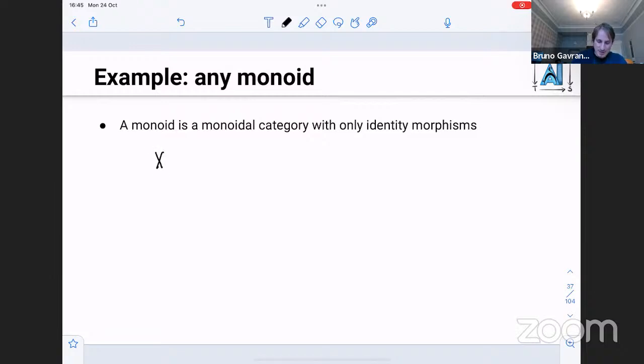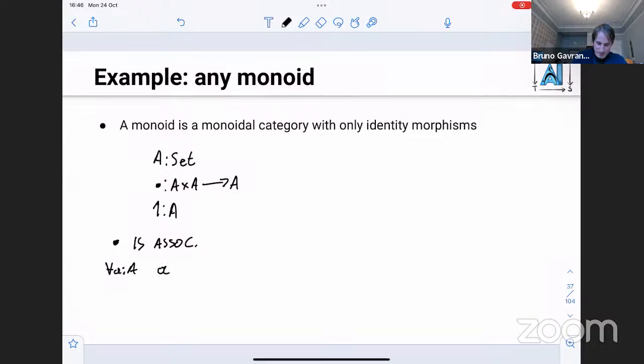If you have any set, let's call it A, we call A a monoid if we have some operation, which I'm calling times, which goes from A times A into A, and we have a neutral element 1 of A, such that this is associative, and for any a in A, we have that a times 1 is equal to a, or 1 times a is equal to a.